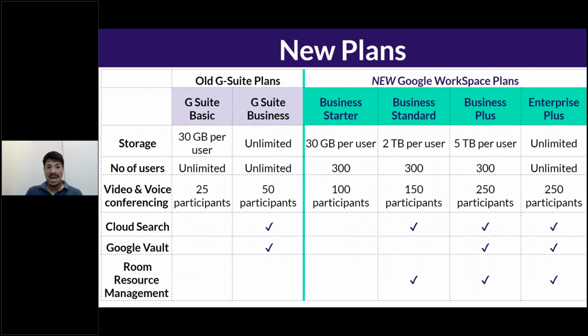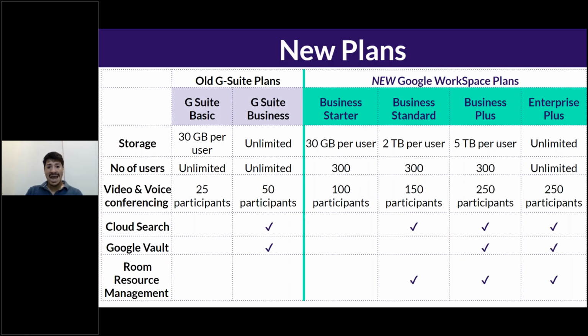Let's look at the new plans. As I mentioned earlier, we'll be doing away with the old G Suite plans and focusing on new Google Workspace plans. G Suite Basic and G Suite Business were the old plans. Business Starter, Business Standard, Business Plus, and Enterprise Plus are the new plans.